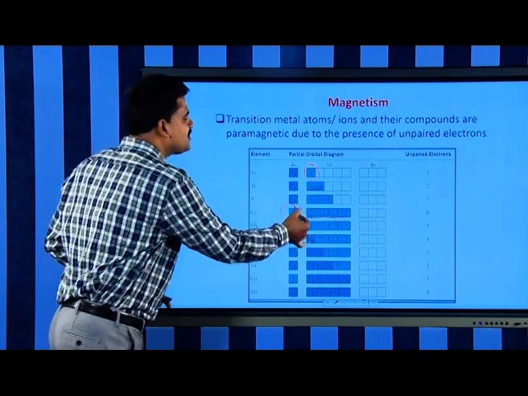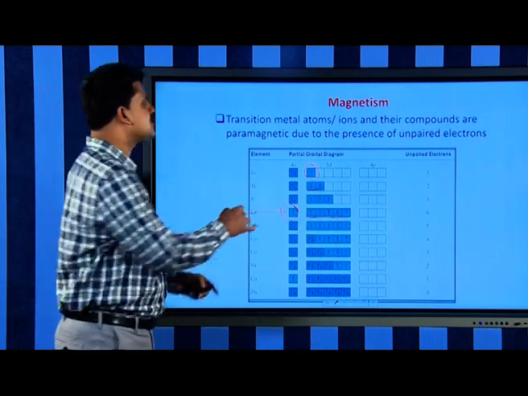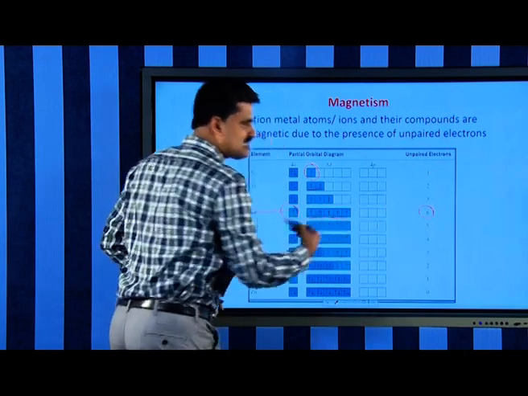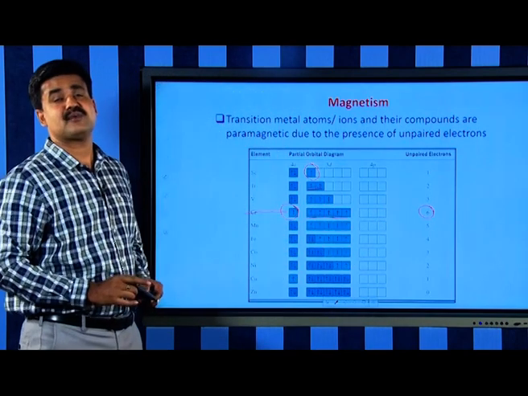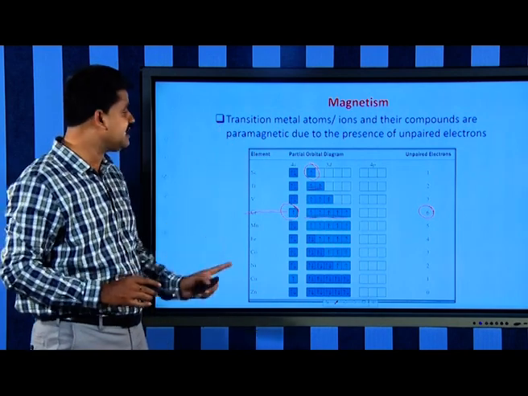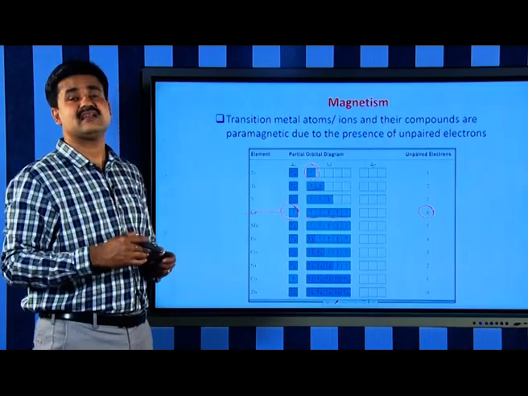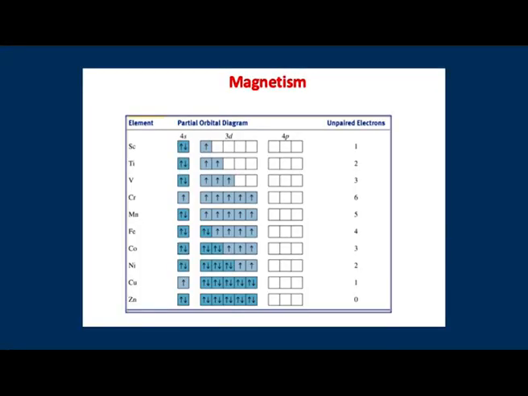So for chromium, the total number of unpaired electrons is 5 plus 1, that is 6. That is the maximum number of unpaired electrons shown by any 3d series metal. Chromium has the highest number, 6 unpaired electrons, in its electronic arrangement.